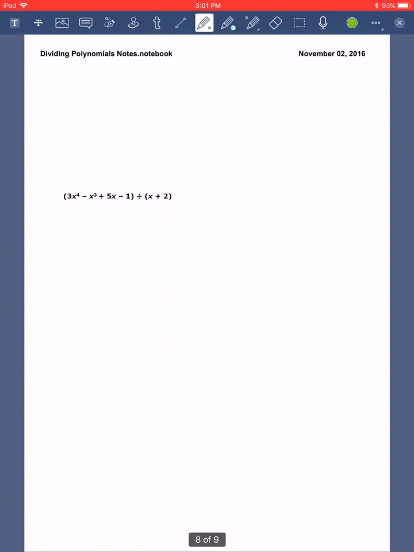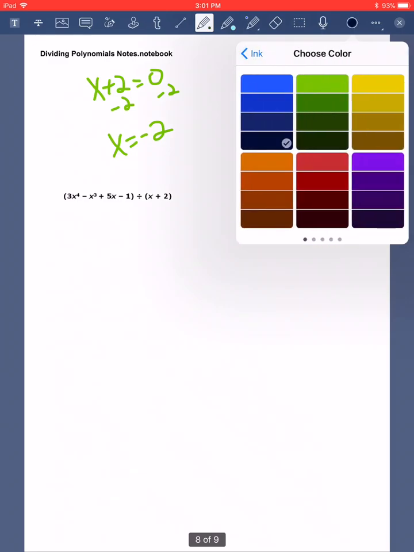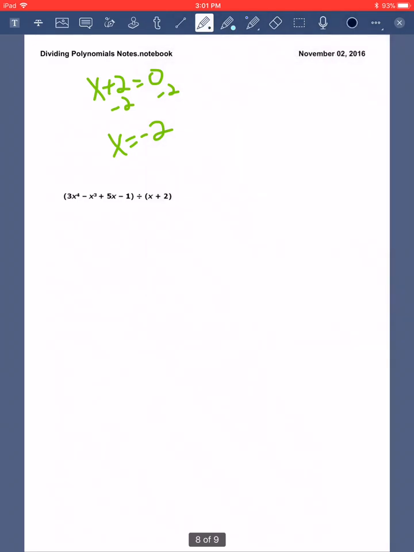So first let's see if we can even use synthetic division. So my divisor is x plus 2. So I'm going to set it equal to 0 and see if I can solve for x in one step. All I have to do is subtract 2, and I get that x equals -2, so I am able to use synthetic division. So now I'm going to set up my box, and when I set this up, just like with long division, we're going to make sure not to skip any degrees.